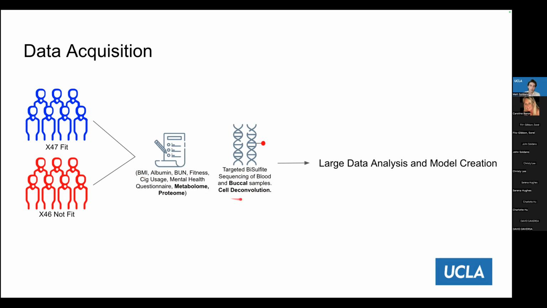And another important component of what we were doing with the targeted bisulfite sequencing is cell deconvolution. And this is just a fancy way of saying that we're able to use a computer to determine how many granulocytes versus epithelial cells are in the sample. And this way, we can not only use it as a quality control measure. So if someone, for the buccal swabs especially, just put the swab in their mouth and it soaked up the saliva and we didn't get really any of the epithelial cells, we would be able to tell if that's going to be a problem.